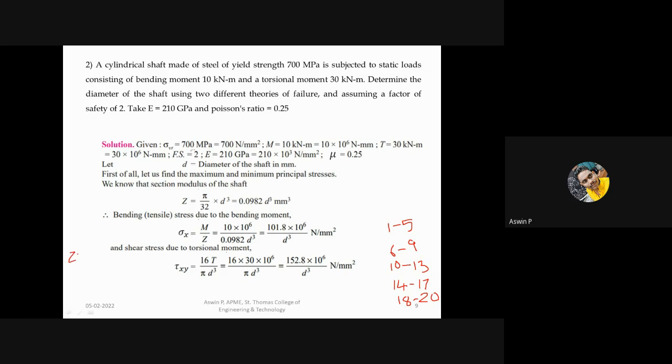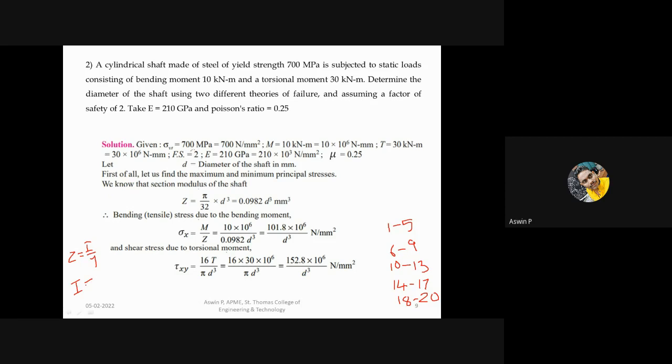Z is equal to I divided by y, moment of inertia divided by distance. And we have a cylindrical shaft, so I will be pi by 64 d raised to 4.